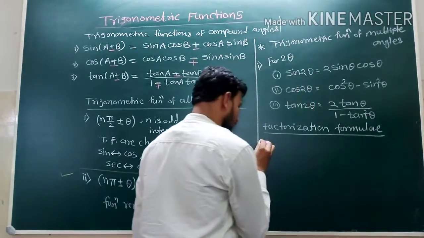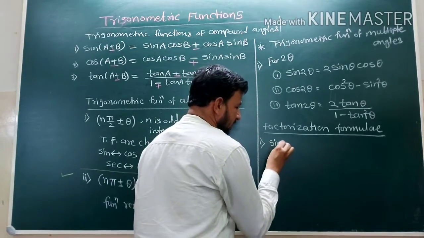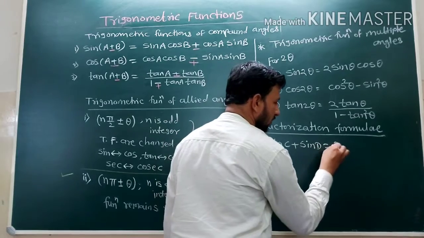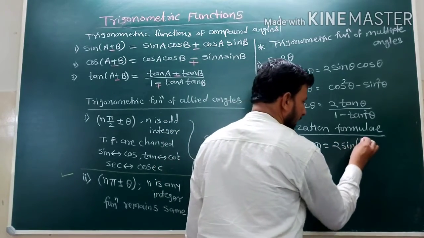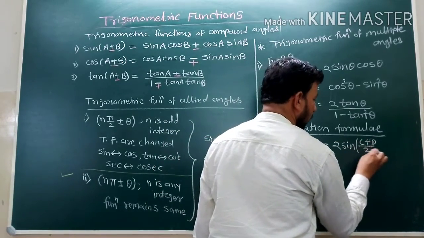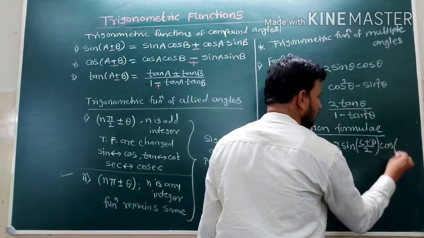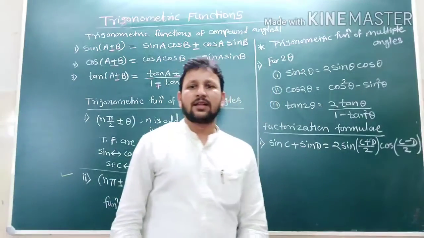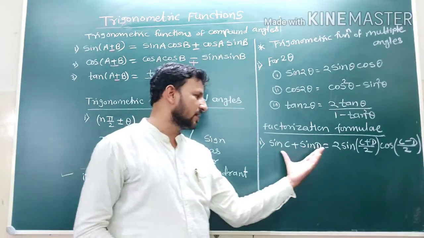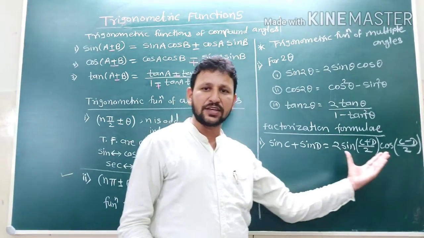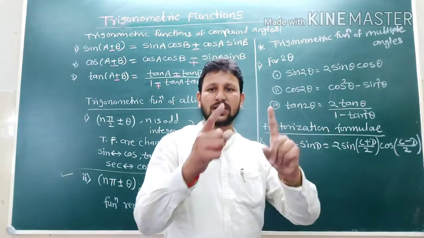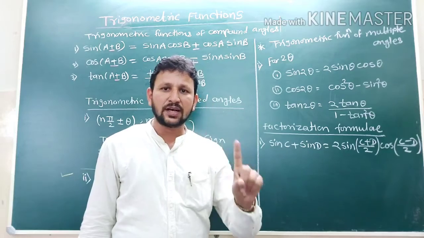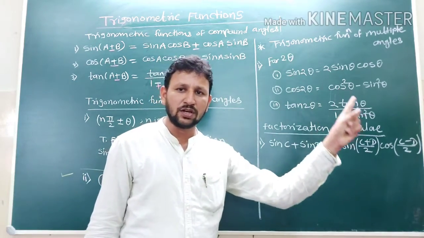The first factorization formula: sin C plus sin D is equal to 2 times sin of C plus D upon 2 into cos of C minus D upon 2. That is the conversion of the sum of trigonometric functions into a product, known as the factorization formula: conversion of a sum or difference into a product.